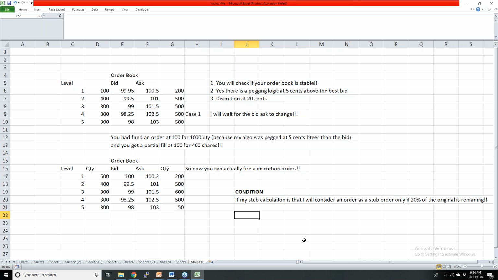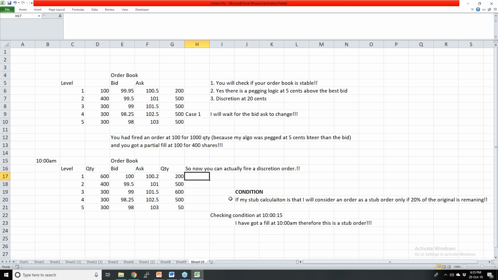So if I got this trade at say 10 a.m. and I'm checking this condition at 10:15, then I have got a fill at 10 a.m. Therefore, this is a stub order, right? Based on my conditions.